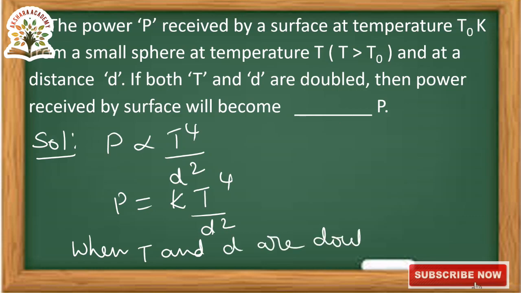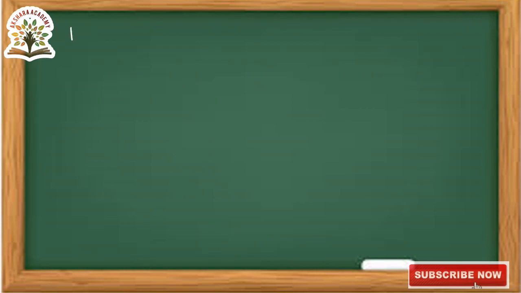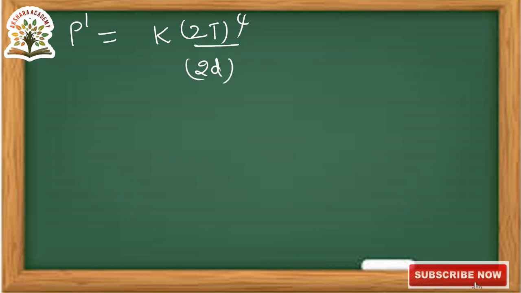So when T and D are doubled, then P dash is equal to K into, now we are writing T and D doubled, T becomes 2T to the power of 4 and D becomes 2D whole square.